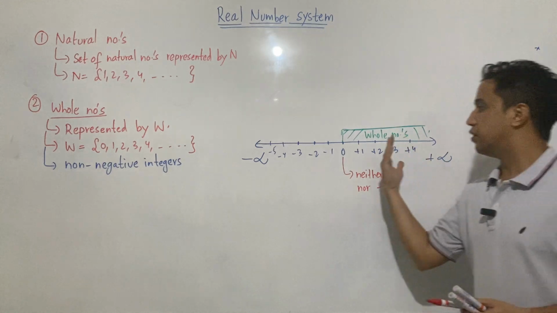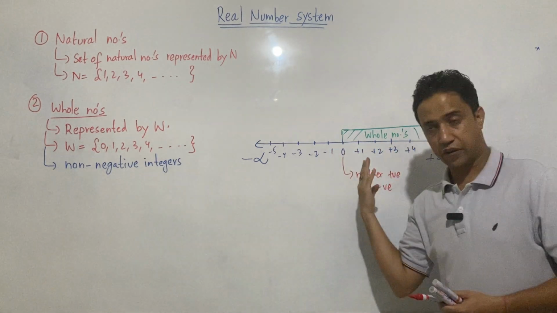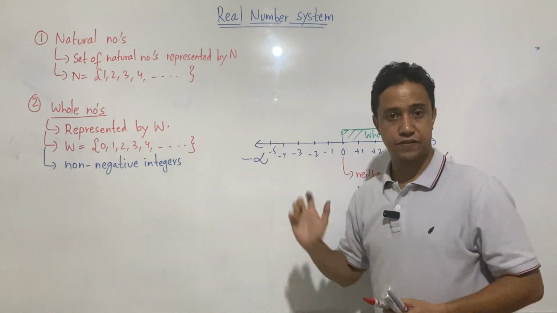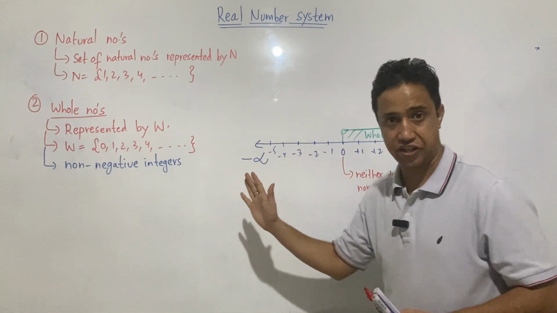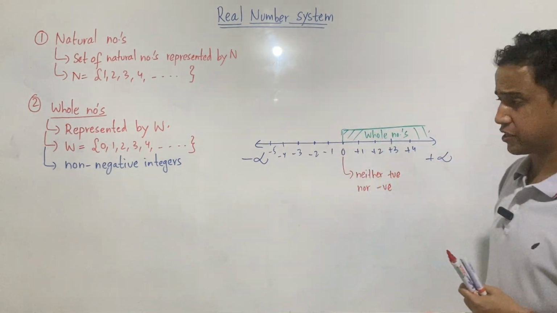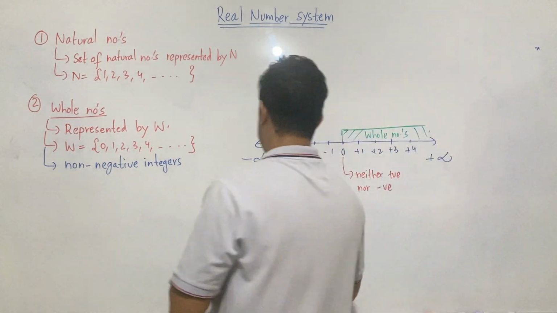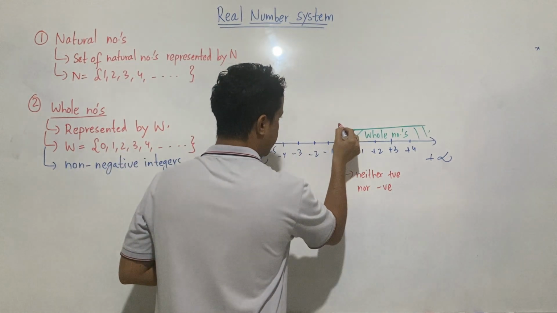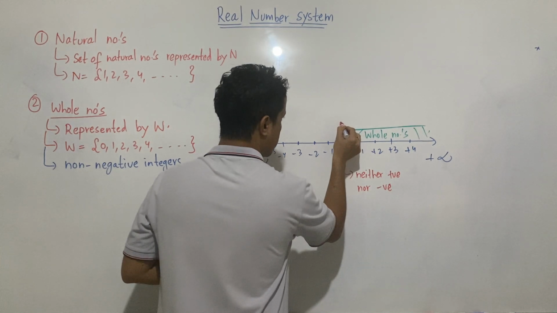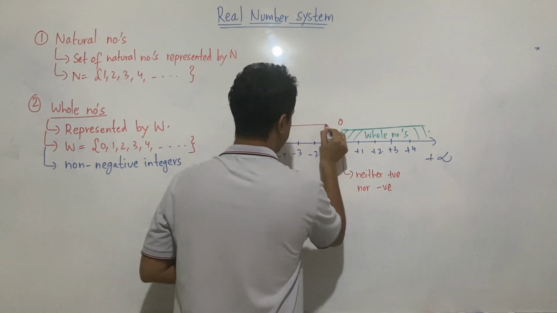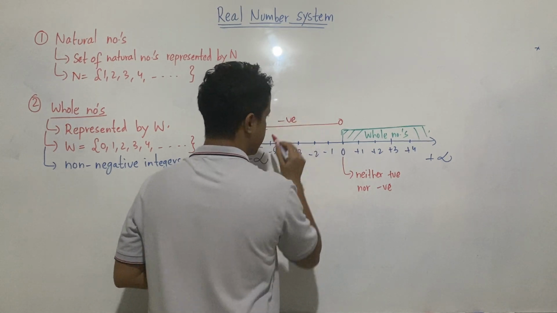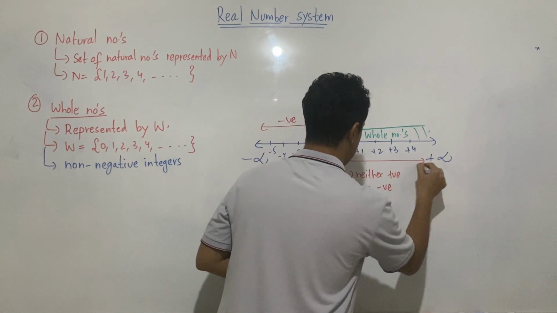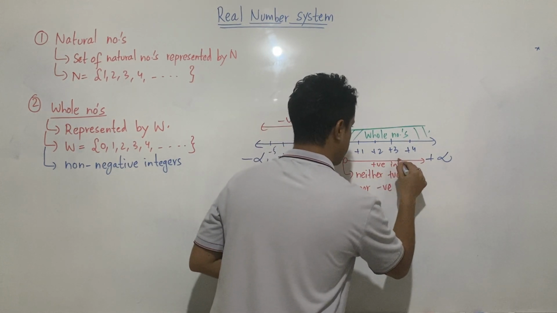On the right side of 0, I have the set of positive integers. On the left side of 0, I have the set of negative integers. I hope everyone knows that. So here on this side it represents negative integers, and on this side it represents positive integers.